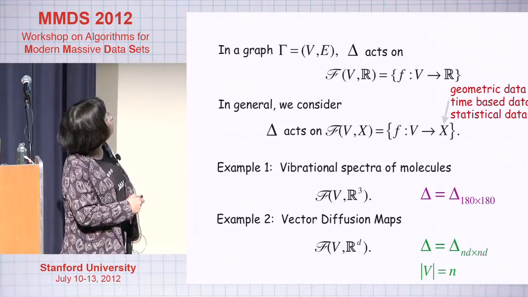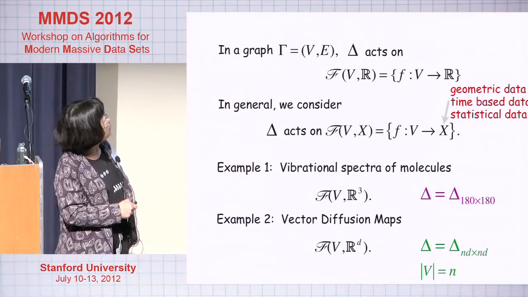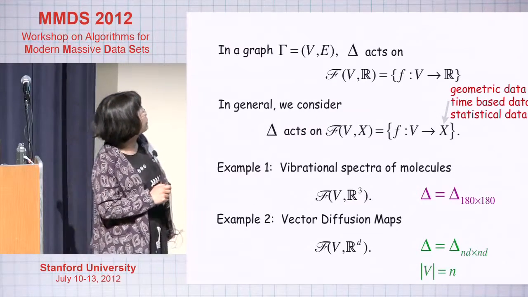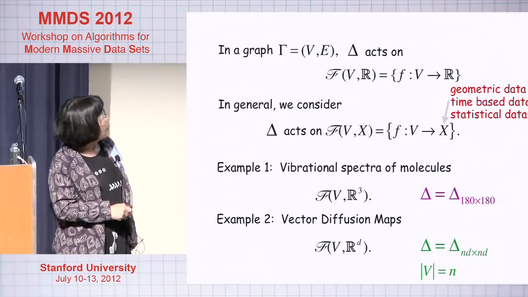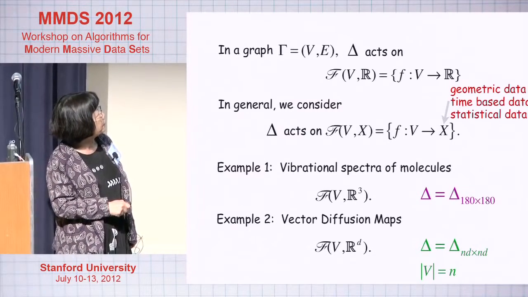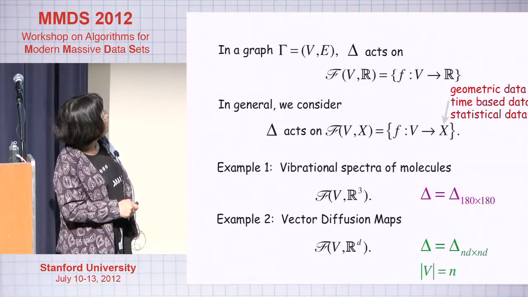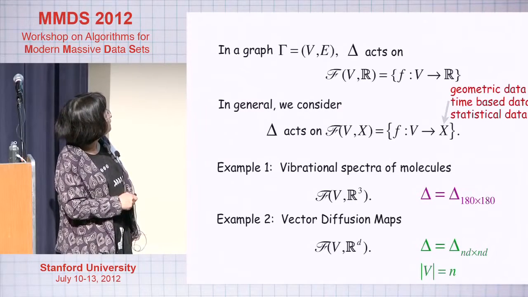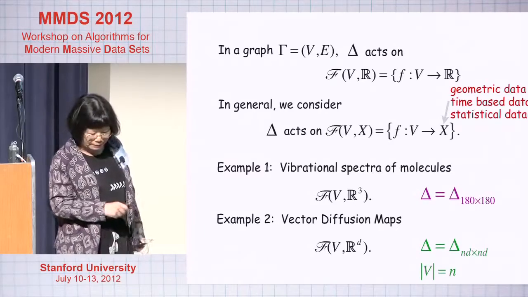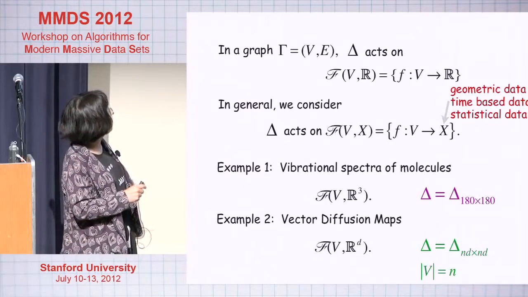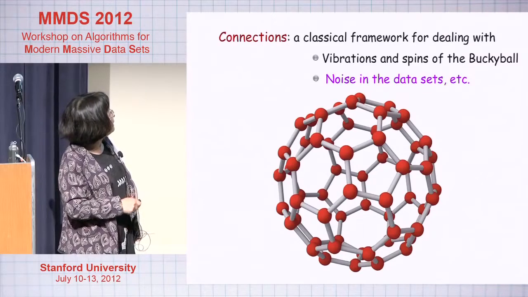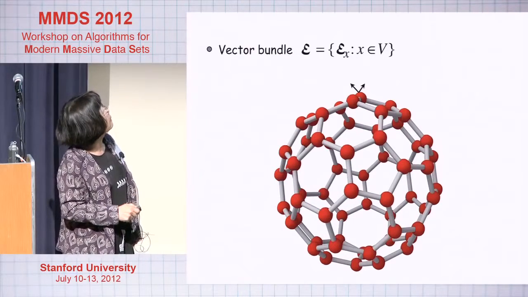Well, for example, for the vibrational mode spectra of molecules, every point happens to live in a three-dimensional space. So our Laplace operator is really 60 times 3, so it's 180 dimensions. Versus the recent work where I found out the relation, among many others, X is a d-dimensional space.